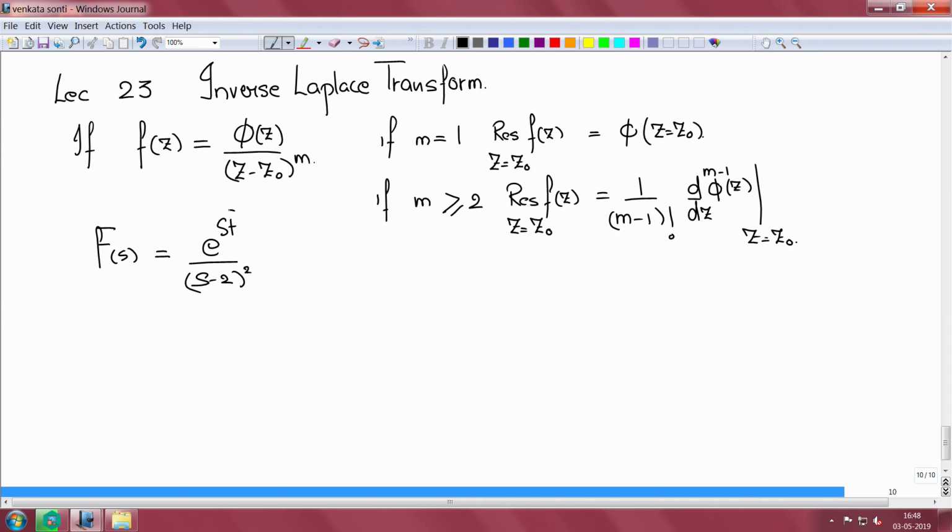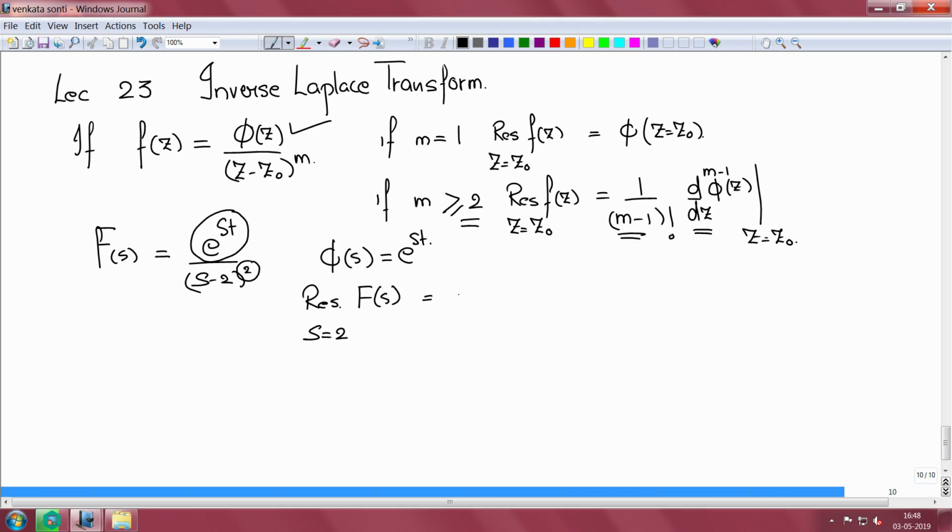So, phi of s is equal to e to the power st. And so, the residue of f of s at s equal to 2 is given by, based on this, multiplicity 2, number of derivatives is 1, 1 over 2 minus 1 factorial.